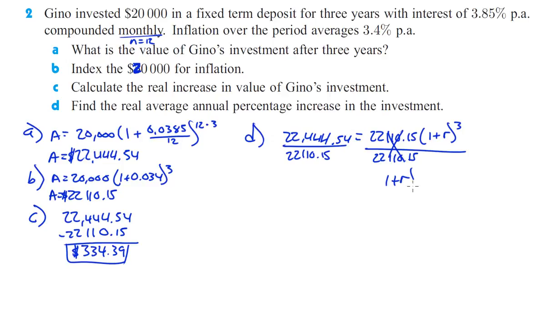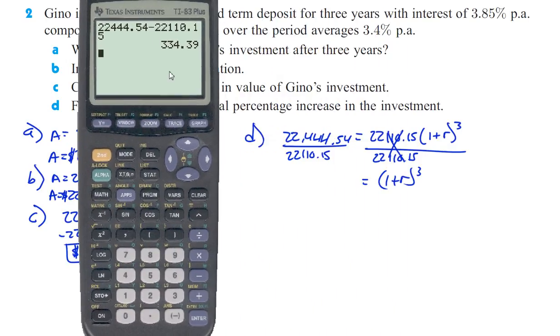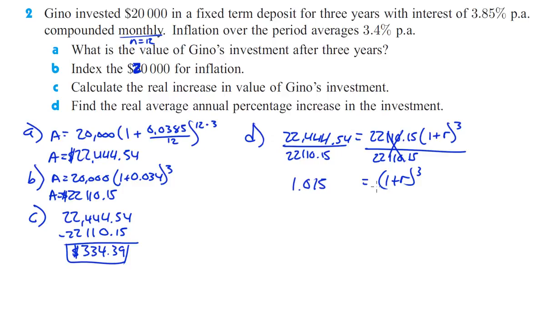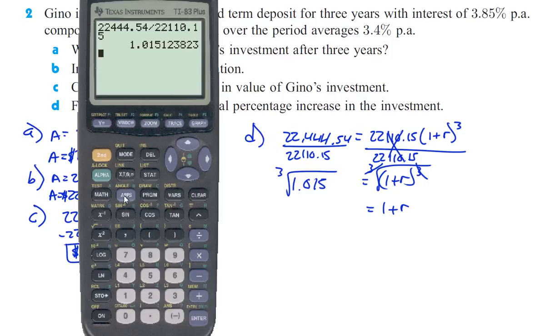We get 1 plus R to the third is going to equal 22,444.54 divided by 22,210.15, which gives us 1.0105. But again, we have to take the third root of those to get rid of the power there. So 1 plus R is going to equal, this calculator actually has a third root button right here.